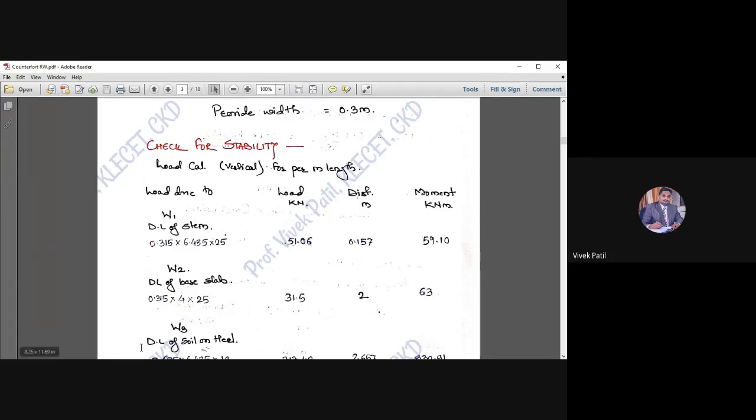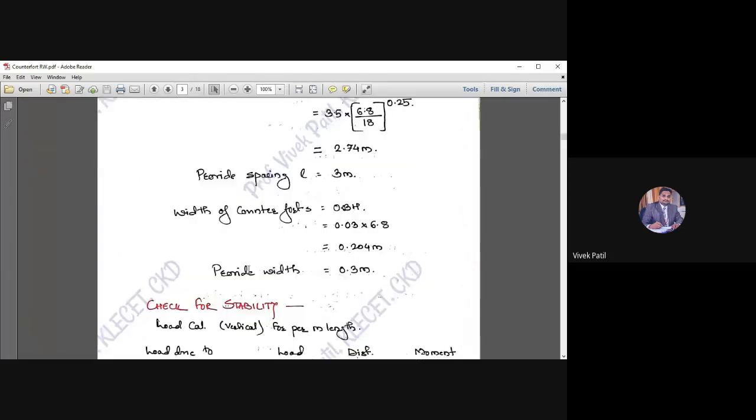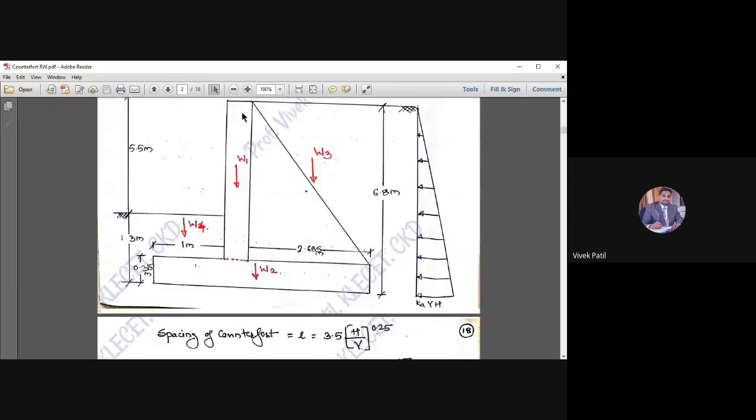Okay, so now W3, that is the dead load of soil on the heel. Dead load of soil on the heel means this portion, up to this portion, whatever the dead load of the soil will be there, that we have to consider on the heel. So that is W3. Again, area into density, or volume into density per meter. It will be equal to 2.685, that is the width.